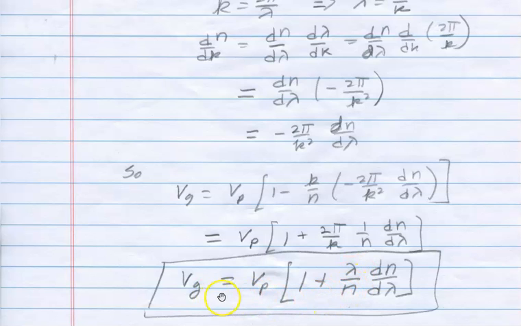This is actually the form that experimentalists seem to use most commonly. And the reason is they tend to think of the index of refraction, and that's the way I do too, as something that depends on the wavelength of the light.